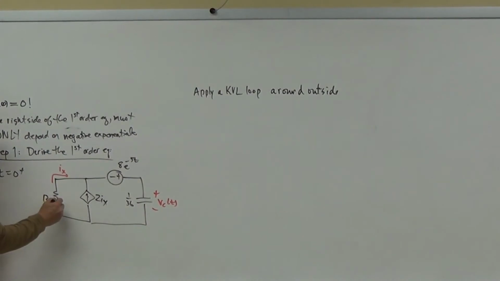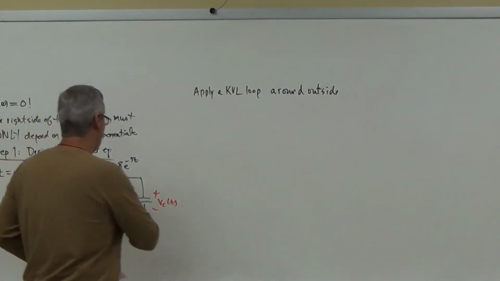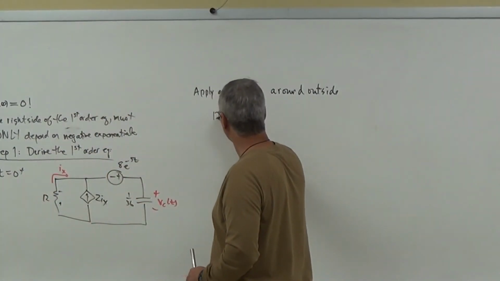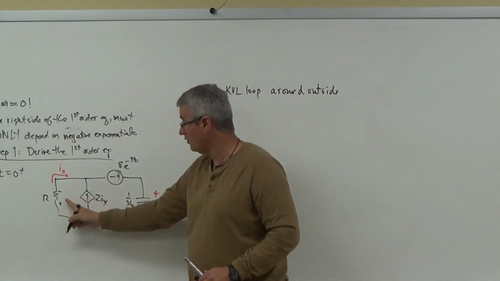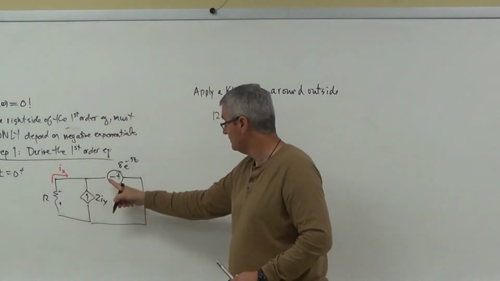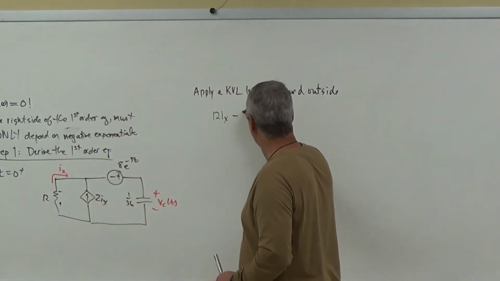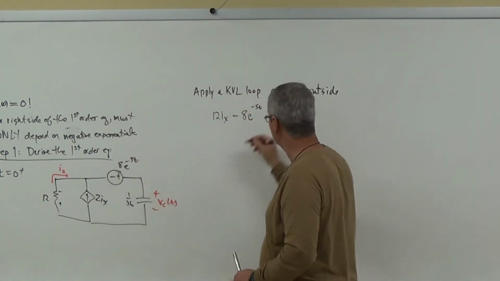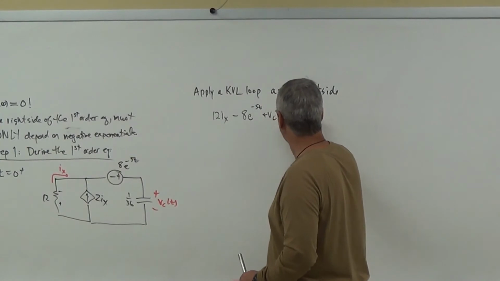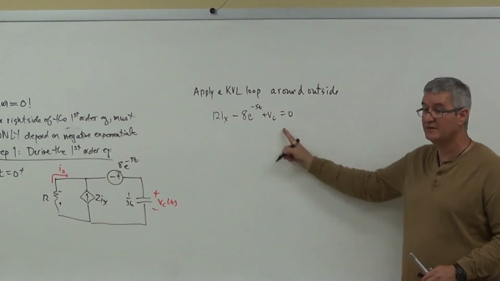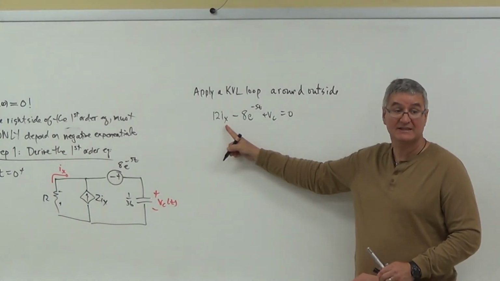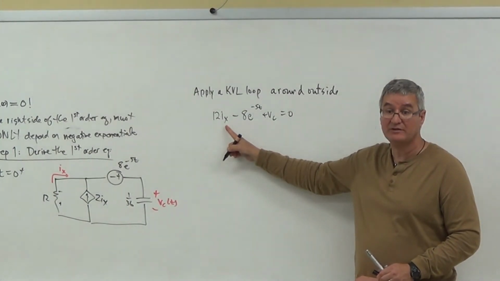Note that this immediately defines that to be positive and negative. So I'm going to go this direction. So I'm going to get what? The voltage across the 12 ohm resistor. Then I come here, I get the negative 8e to the minus 5t. I come here, I hit the positive VC, I get 0.